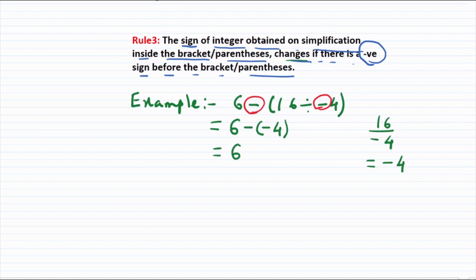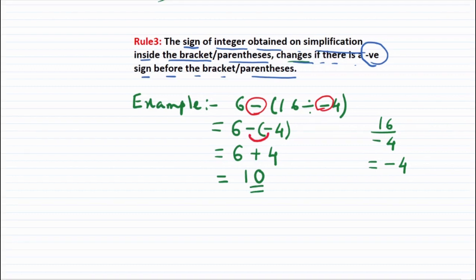So I am getting 6 plus 4 and this is my final answer, 10. Look at this part carefully. Here is a negative sign, so according to this rule, rule 3, the sign changes and it becomes positive, and this is my final answer of this simplification.